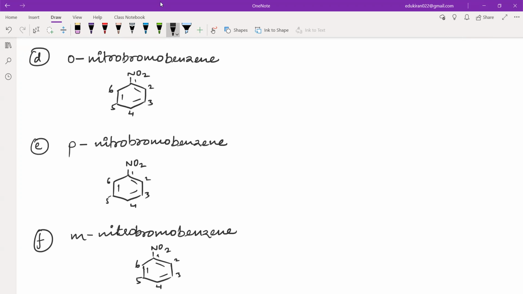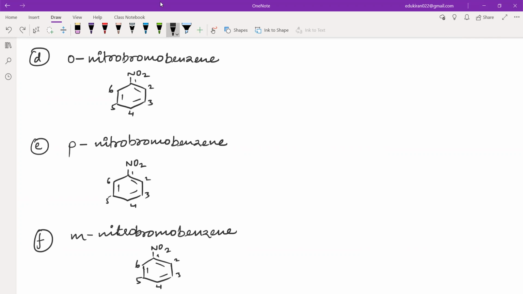P-nitrobromobenzene. 3 or 5. पैरा में कितना होता है यार? How many carbons between the substituent in para? 4. 2 carbons between. So it is 4. क्या हो गया Samira? Why are you answering like I don't understand? Actually, I thought you wrote meta.